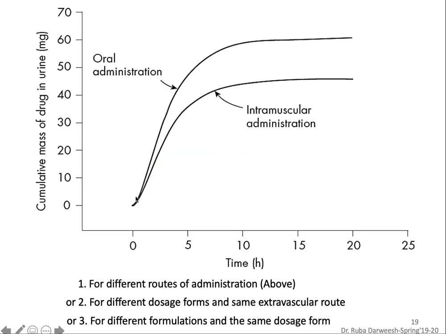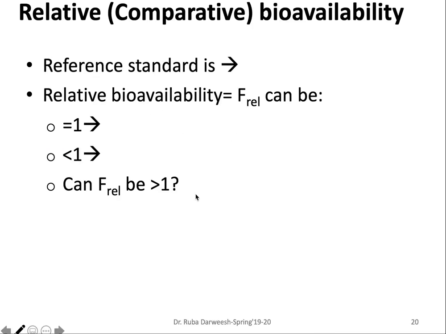So when we have the amount in the urine, it's similar to the cases that you have, but we are talking about the cumulative mass excreted in the urine, as I'm comparing this to that, or that to this. So the reference standard is not the IV anymore, and could be any other extravascular drug.